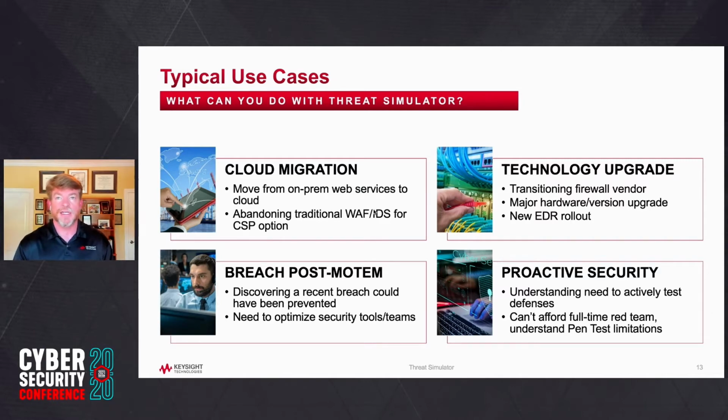Anytime you make a big technology change, let's say you've changed firewall vendors from brand A to brand B, or you've done something like a major software or firmware update. One of the use cases that has certainly come up a lot with our customers is moving from on-prem web services.